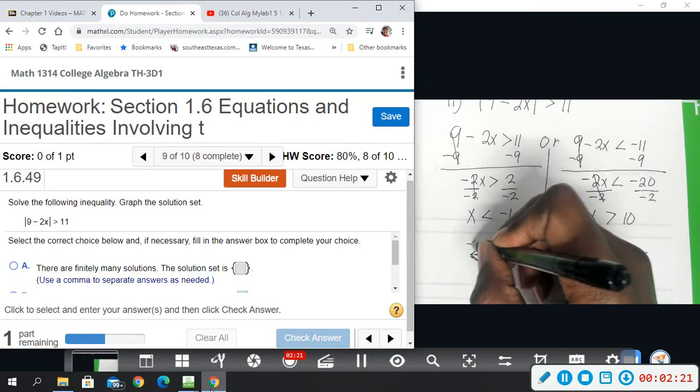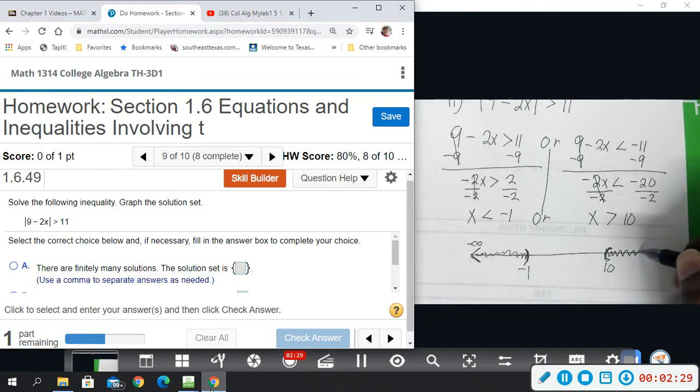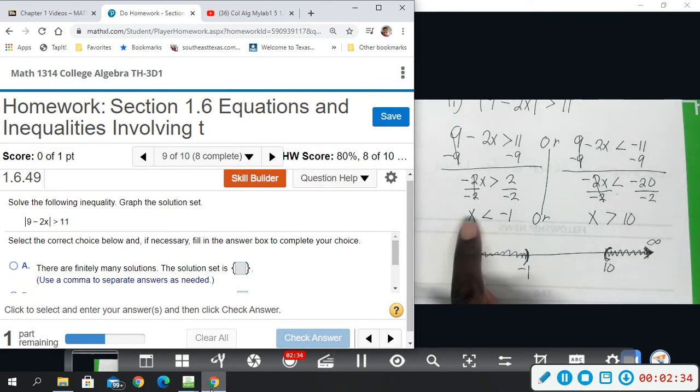Arrowhead is going toward negative infinity. The positive 10, the variable on the left, is pointing me to the right. So we're going all the way to positive infinity. Just make sure if your variable is on the left, this arrowhead points the right direction. If your variable is on the other side, it's not going to point you in the right direction. It'll be opposite.